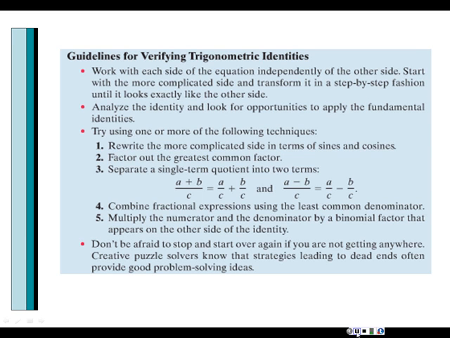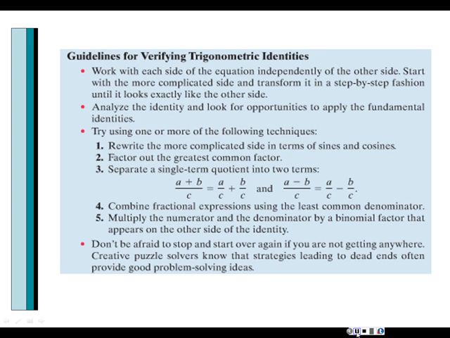That sometimes works. And separate the single quotient into 2 terms. We did it here basically, because we separated. We basically divided sine x by cosine x, and then cosine x by cosine x. Sometimes that works. So instead of having it like this, you can divide it like this. Then you can apply trigonometric identities here if you have any. Combine fractional expressions using the least common denominator.